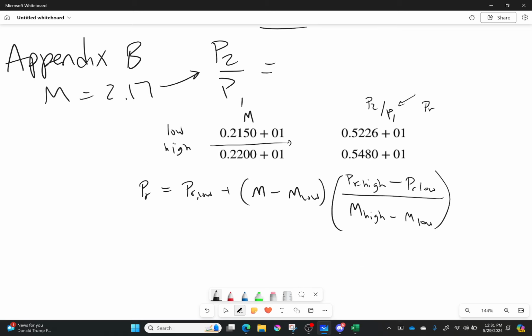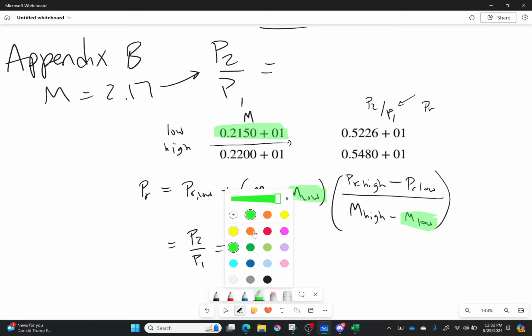And so if you solve this, what you would get is that P2 over P1 is equal to 5.327. I'll just give you some color coordination here. So that's the low right there. That's the high. That's the high.